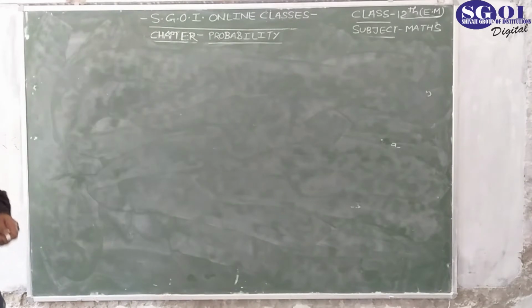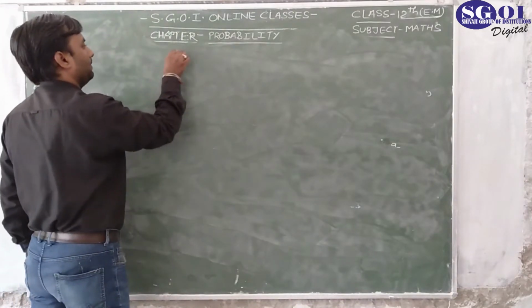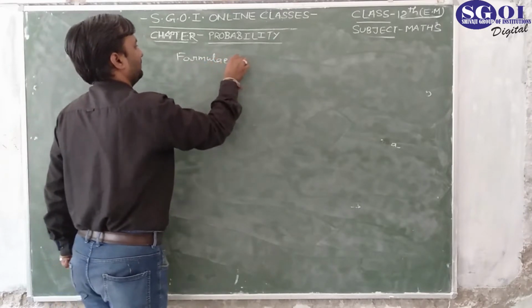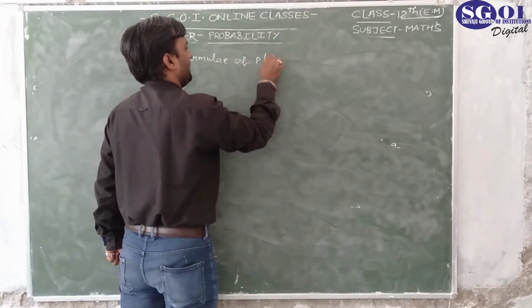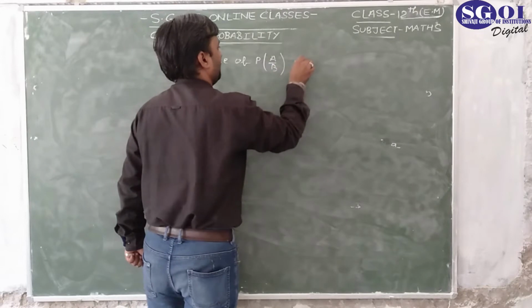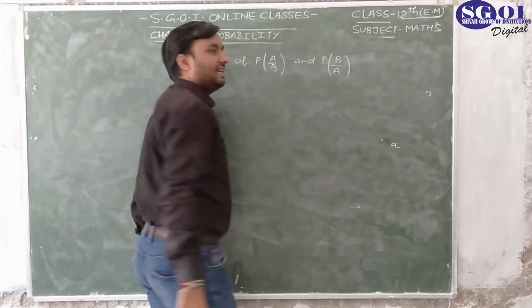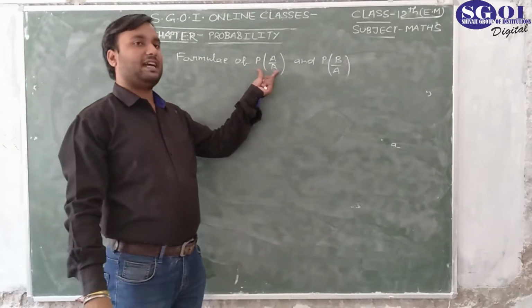Now, the formula of P(A|B) and P(B|A). Once again, I will define the meaning of these symbols.